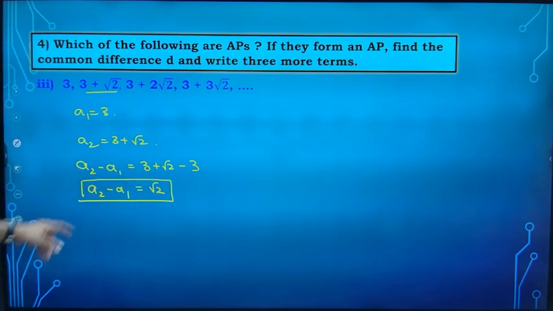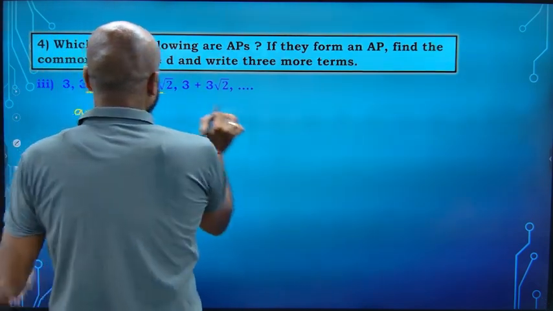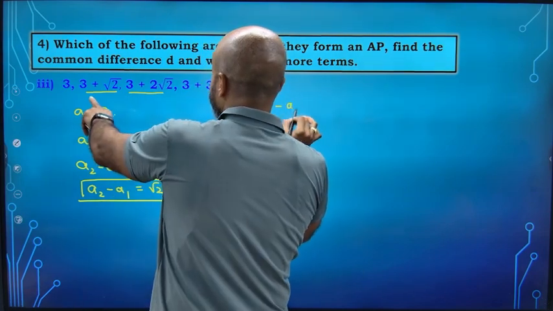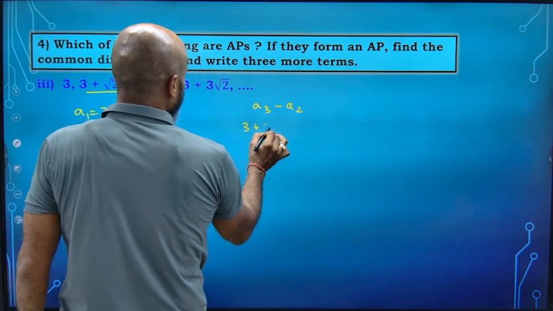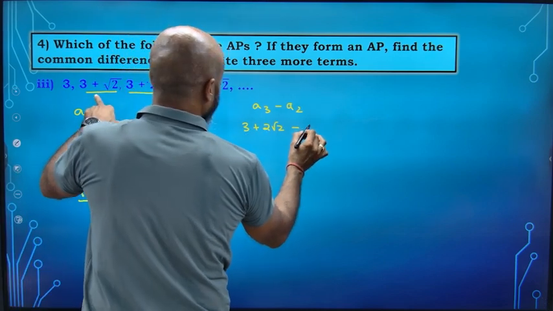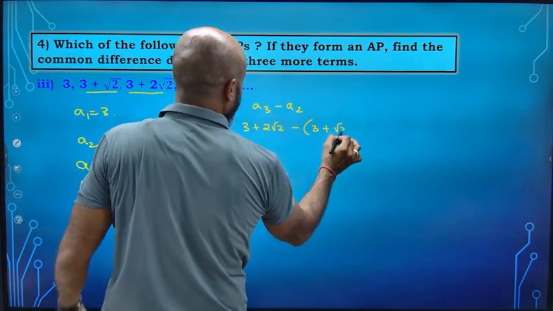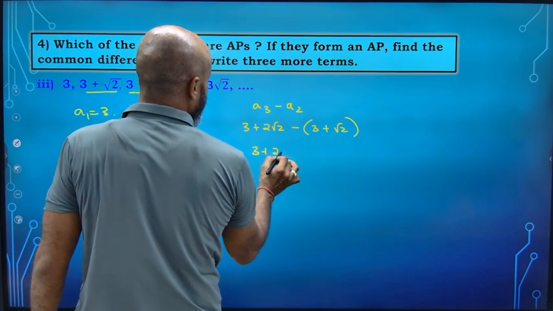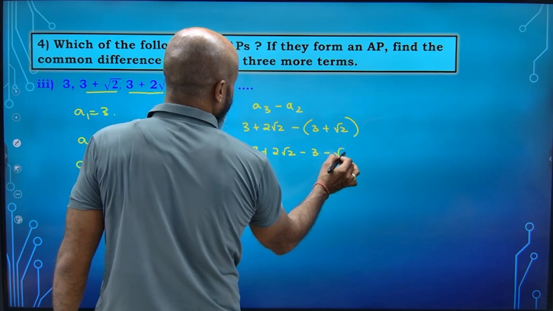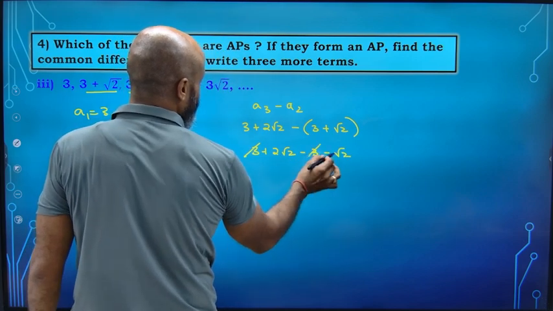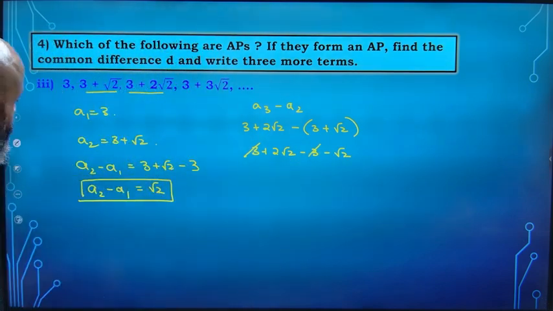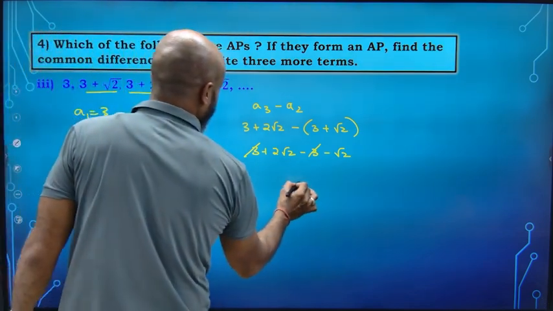Same way, if we do A3 minus A2, that will be 3 plus 2 under root 2 minus A2, that is 3 plus under root 2. So this is going to be 3 plus 2 under root 2 minus 3 minus under root 2. This gets cancelled, 2 under root 2 minus under root 2. So what will be the answer? Under root 2.